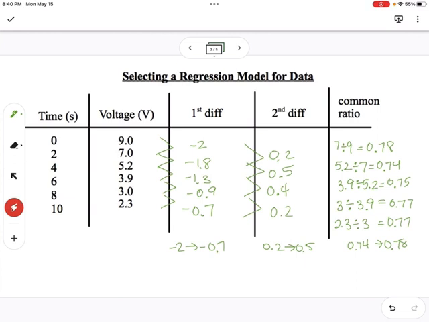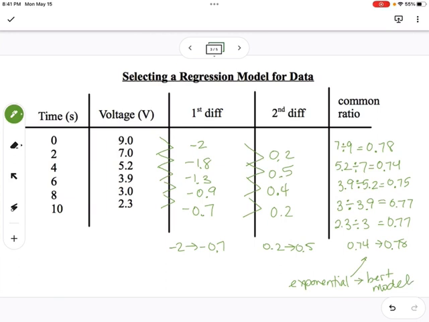So because the smallest difference is with our common ratios, then we can say the regression model is exponential. That is the best fit for the data. So our exponential is our best model.